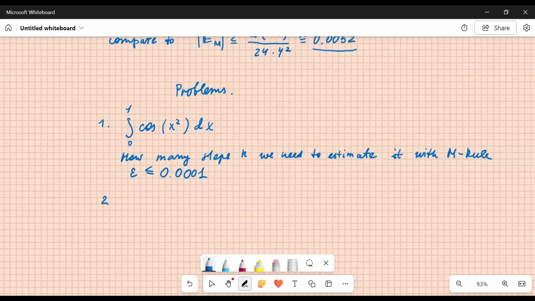And the second problem. I'm going to give you a table where we are going to deal with some unknown velocity depending on time.